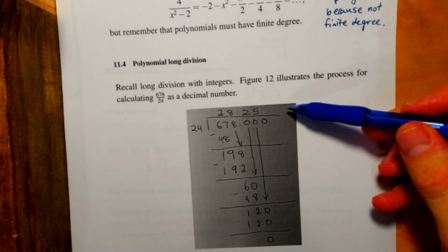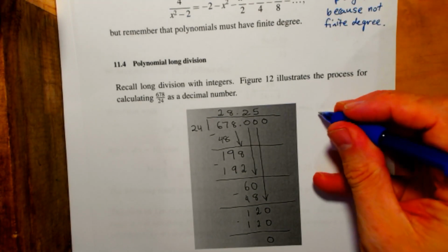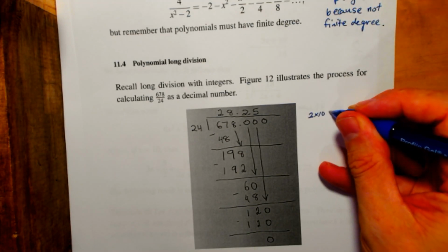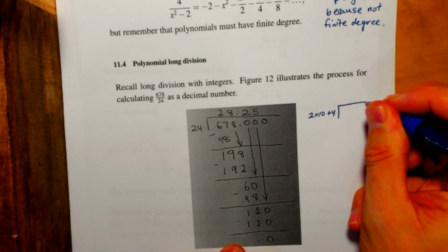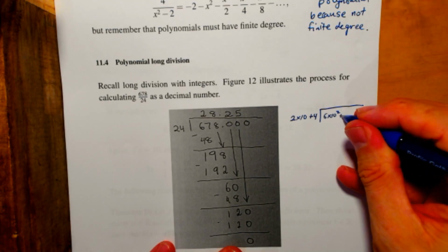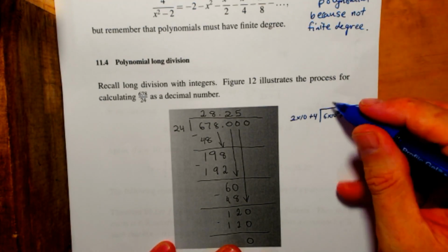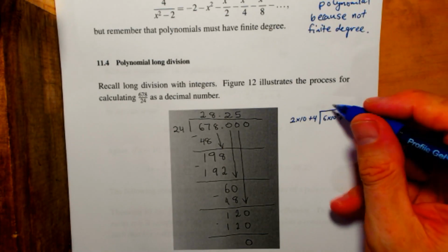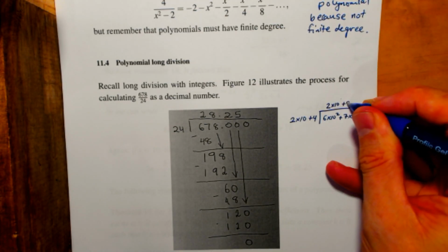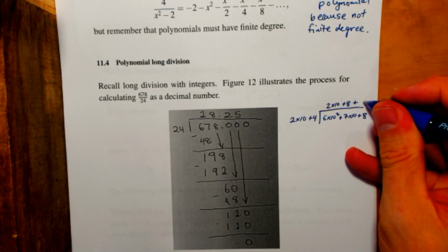Yes, and so what that says is that you can do this by doing polynomial long division, because you could say that that's 2 times 10 plus 4 divided by 6 times 10 squared plus 7 by 10 plus 8, and we got 2 times 10 to the 1 plus 8, and then plus another remainder, right?